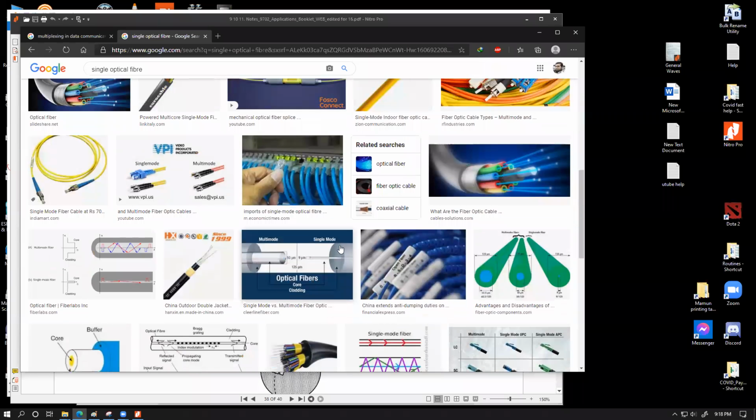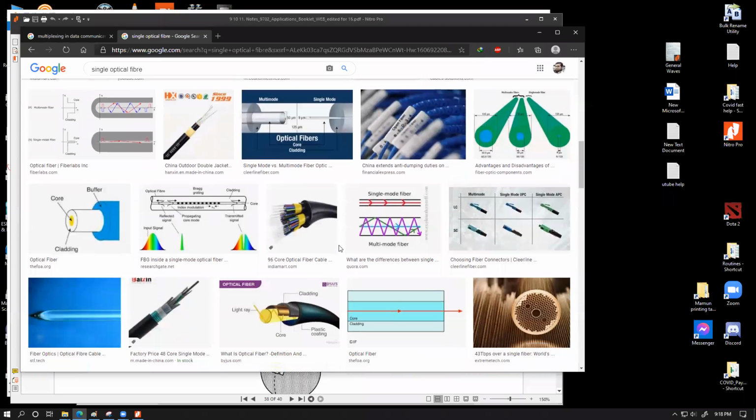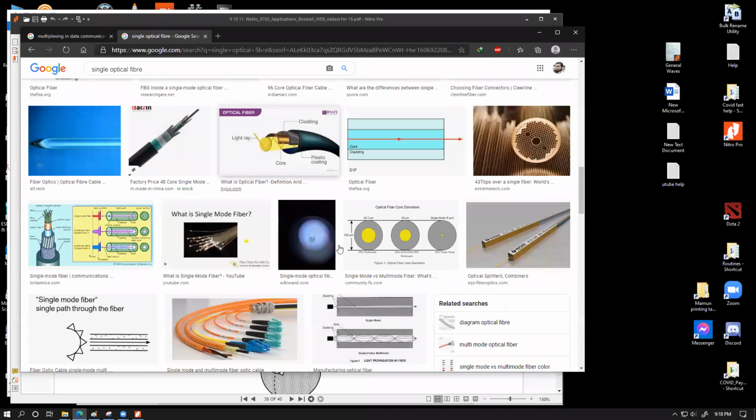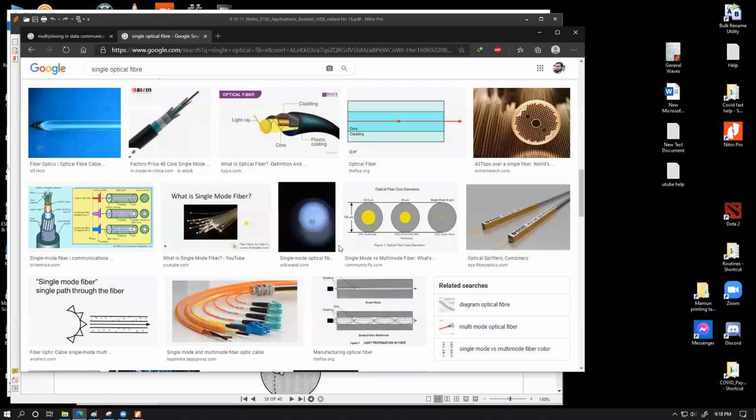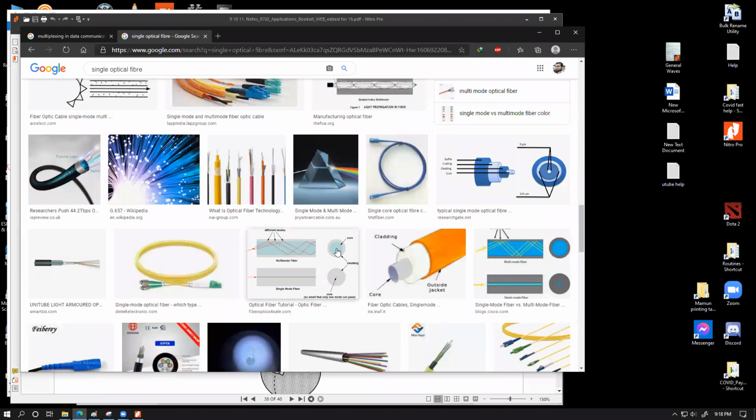Why is there not any banana for scale? Anyway, optical fibers are actually very, very small.